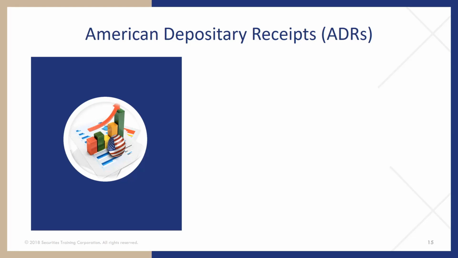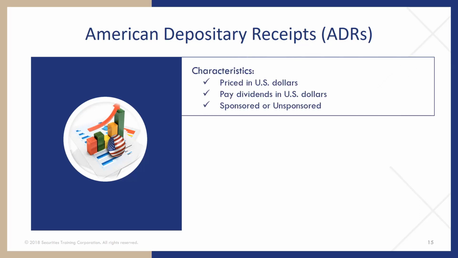And because there are different regulatory requirements as well as different currencies, people in the U.S. don't want to buy shares in a foreign currency. They want to buy something in U.S. dollars. They want to be paid a dividend in U.S. dollars. So ADRs are characterized by priced in U.S. dollars, their dividends are paid in U.S. dollars, and they could be sponsored or unsponsored. And we'll get to that in just a minute.